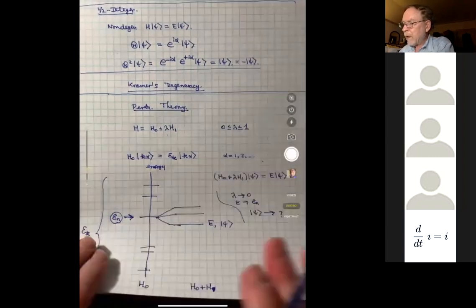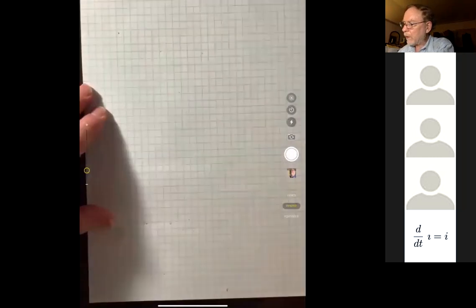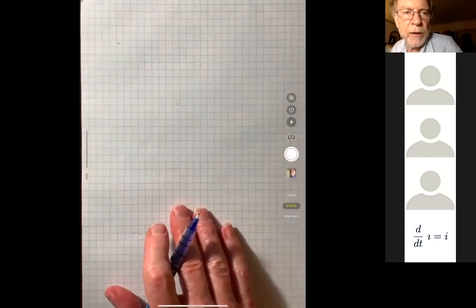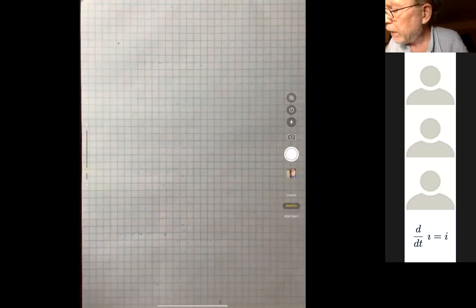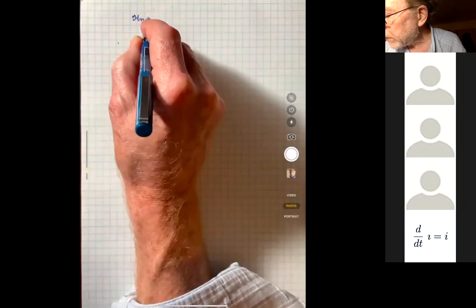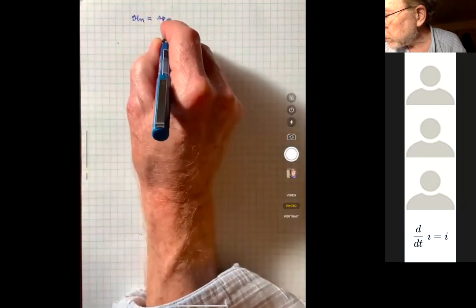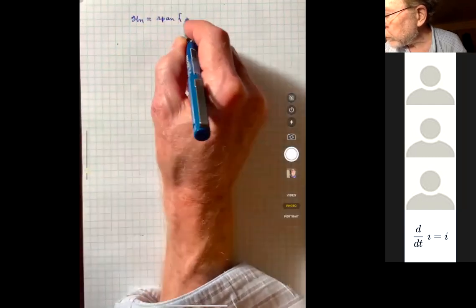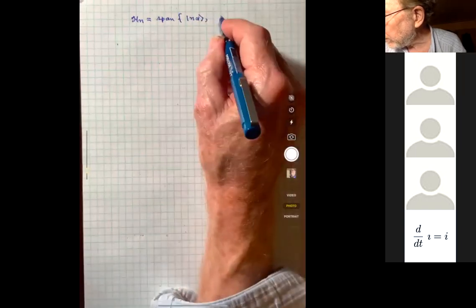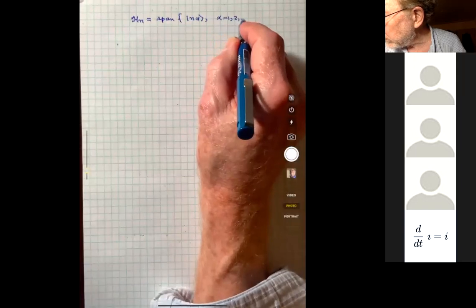It helps to have a little bit of Hilbert space geometry for visualizing some of the algebra we're doing in perturbation theory. So let me introduce script H sub n, the unperturbed eigenspace. This is the span of the basis vectors, the unperturbed eigenstates, for alpha equals 1, 2, and so on.